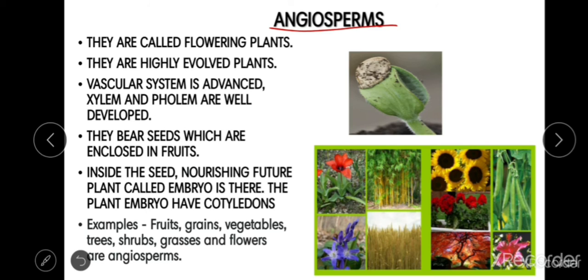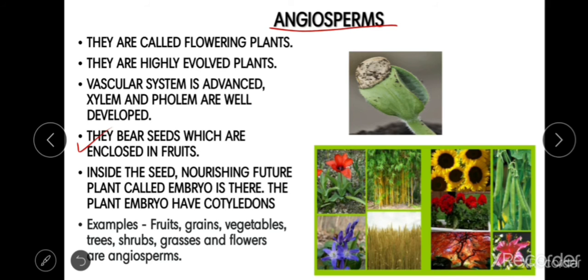The third characteristic we have already learned, and the fourth one we have covered earlier: inside this seed, what is there? Inside this seed there is a future plant which is called the embryo. This embryo grows inside the seed with the help of some reserved food and cotyledons.